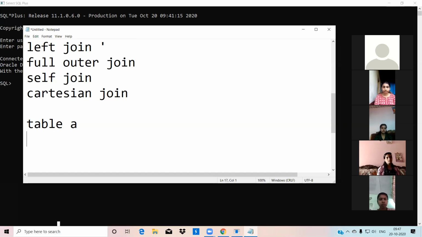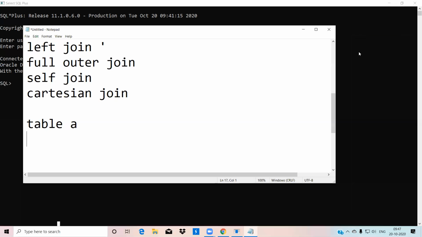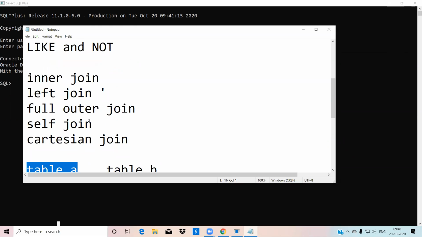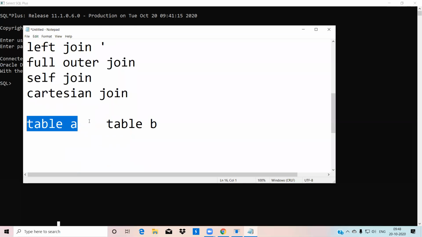Yes sir. So here, in the left join, you have two tables, table A and table B. If you write a select query using the join statement, it will retrieve only table A's data; it will not retrieve table B's data. That is left join.